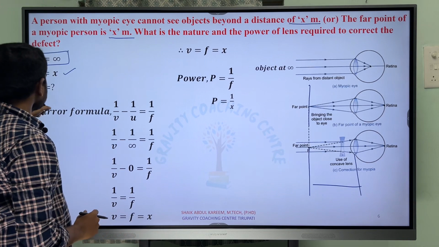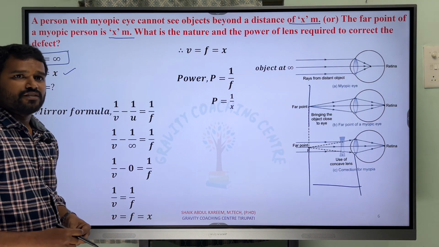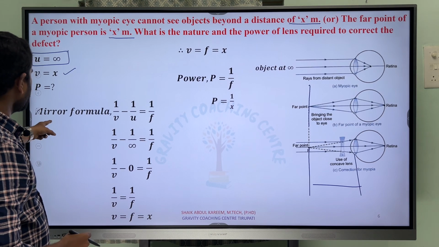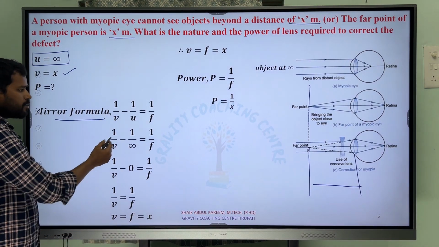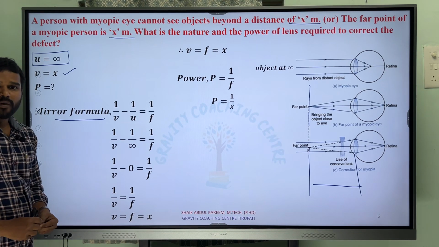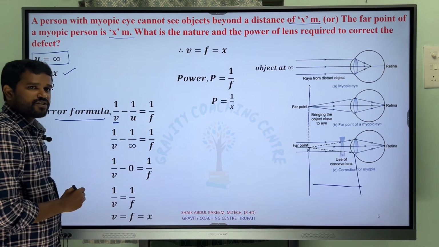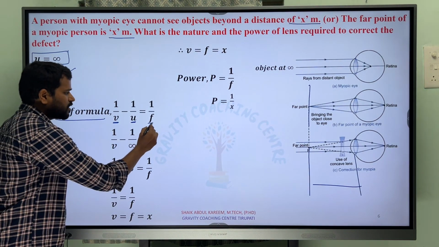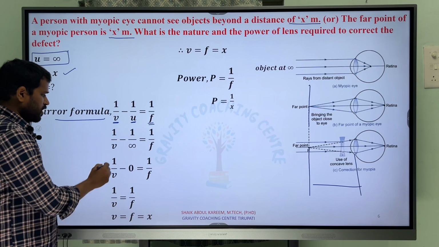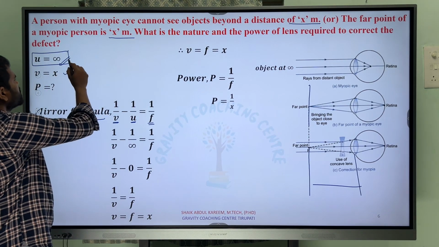Now, he will ask you the power and nature of the lens. So, the lens formula is 1 by V minus 1 by U equals 1 by F. 1 by V means image distance, U is object distance, F is focal length. What is the object distance?